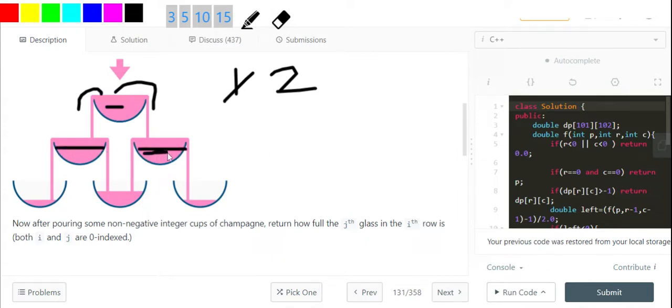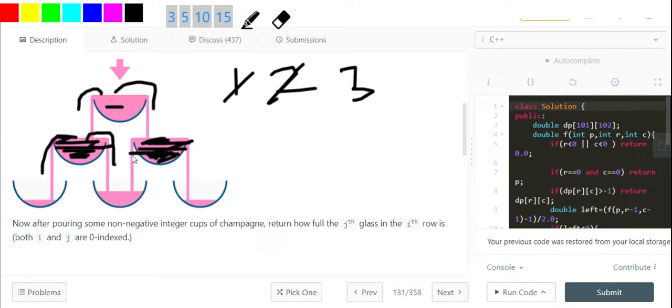Now, as it is overflowing from both the sides, only half of these are getting filled. Half is still empty. If I pour in another glass, again it will overflow from left and from right, and then this will become fully filled, right?